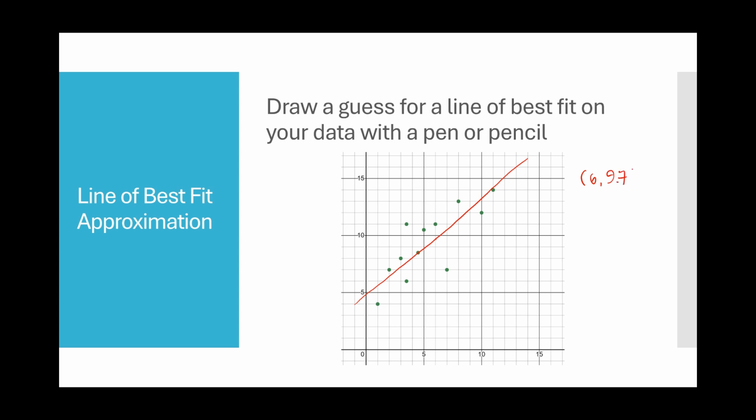And when x is 12, it looks like just over 15, maybe say 15.2. And those are just my best guesses. But notice these are my expected, but we do have an actual value at x equals 6. Our actual was 6.11. So we can already see that error between my actual and my expected.